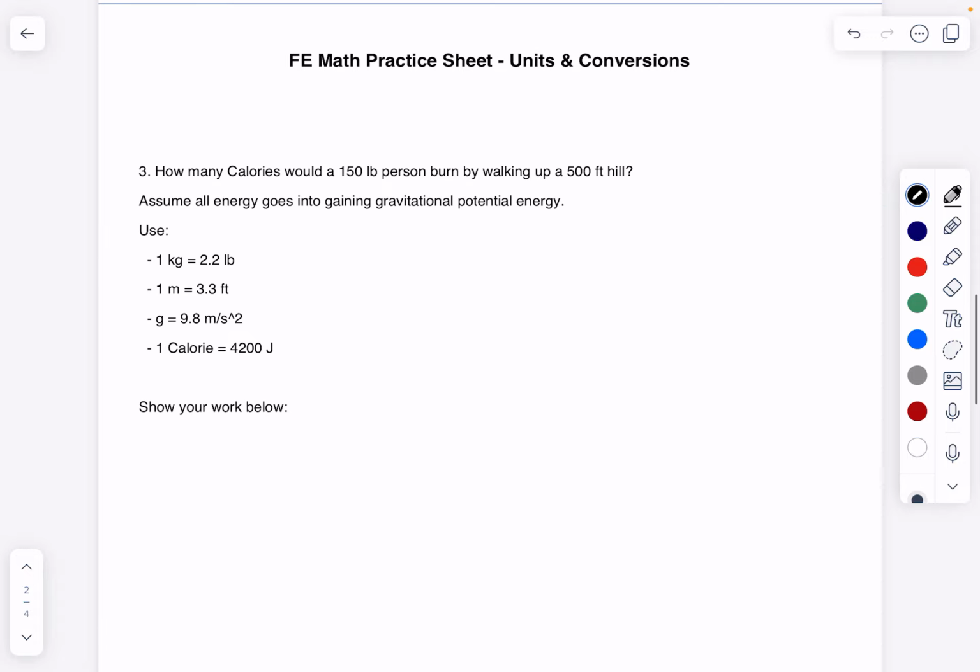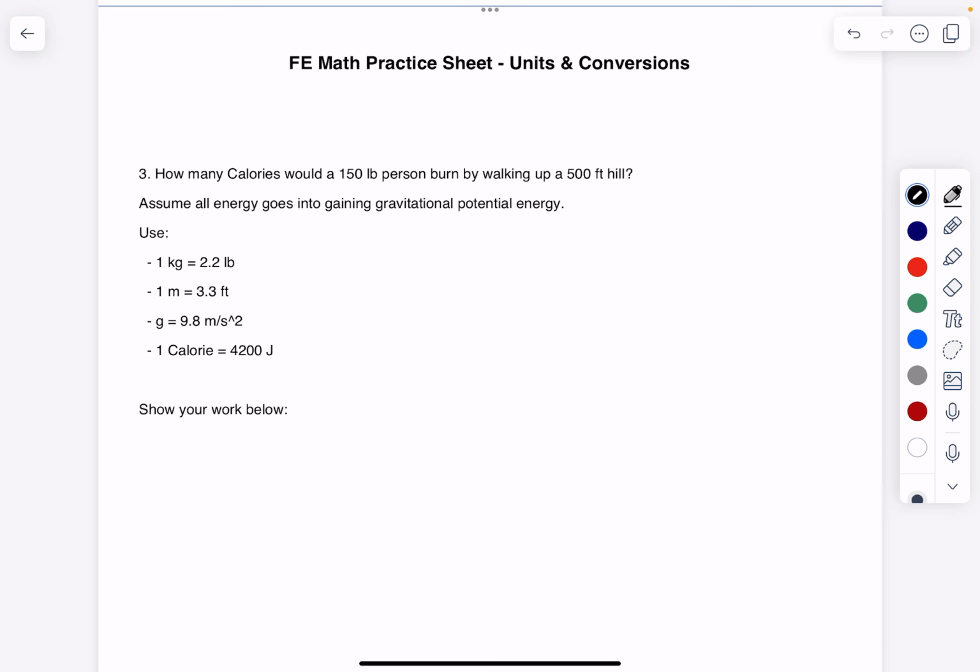The next one, we're starting to get a little applicable, but still converting units here. So how many calories would a 150-pound person burn by walking up a 500-foot hill? Assume all energy goes into gaining gravitational potential energy. So that one we can think of the energy equals the mass times the gravity times the height.